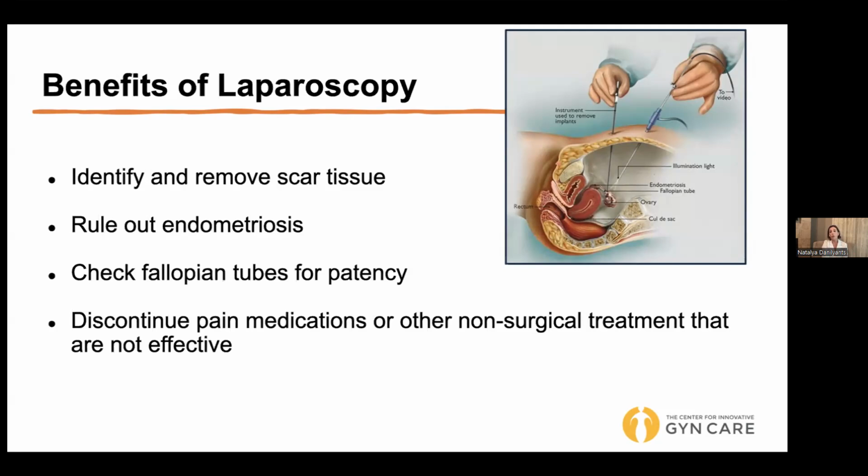And then at the same time, we can check the fallopian tubes for patency, especially if it's someone who wants to get pregnant. And the benefit also, obviously, if you address the scar tissue, then you can stop taking pain medications or doing other non-surgical treatments that have not been effective.